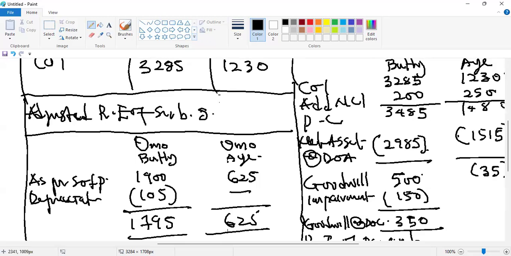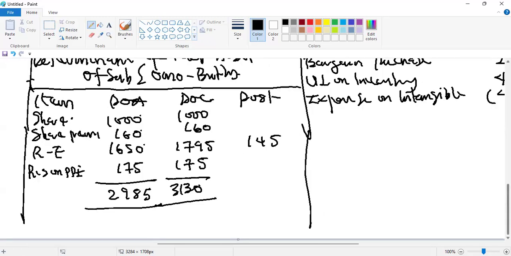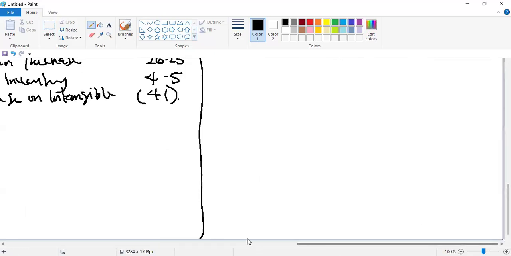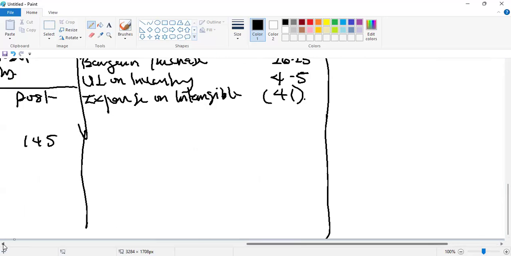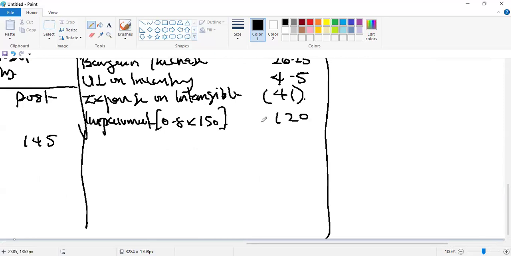But the impairment must be shared between parent and NCI because it is fair value. I will now say impairments: 80% of it, 0.8 times 150. That will give us 120. That is it.